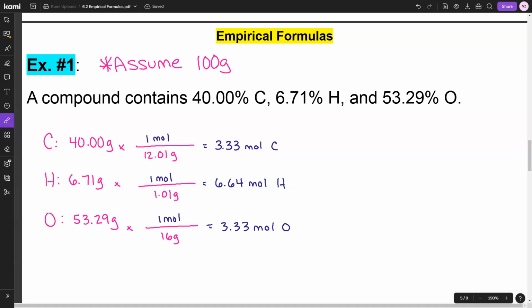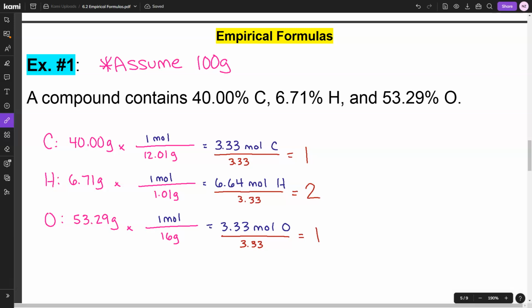So the smallest number here is 3.33. So I'm going to divide all of these by 3.33. So 3.33 divided by 3.33 is 1. 6.64 divided by 3.33 is about 2. And then 3.33 divided by 3.33 is 1.